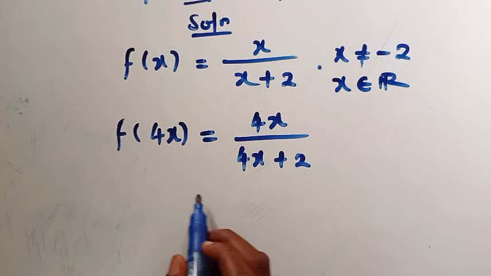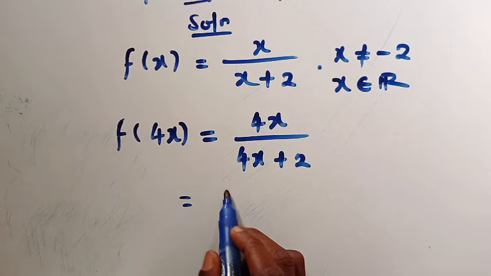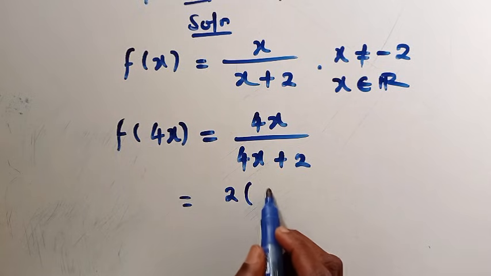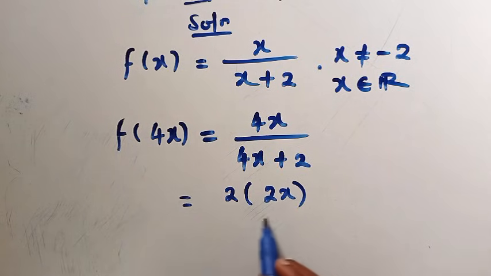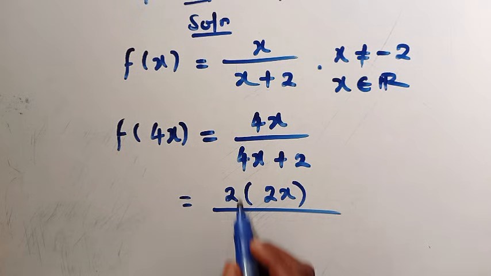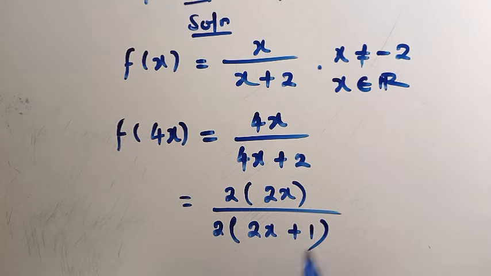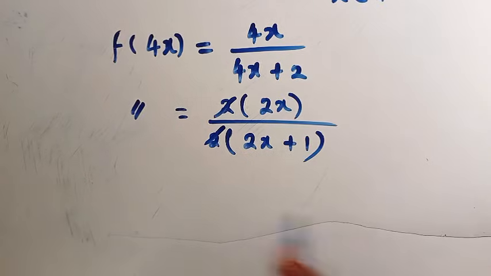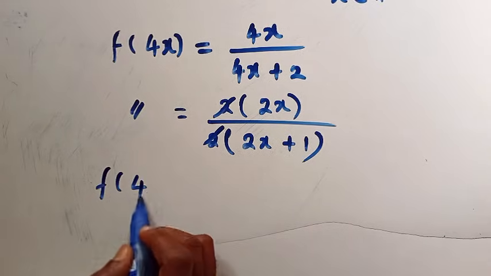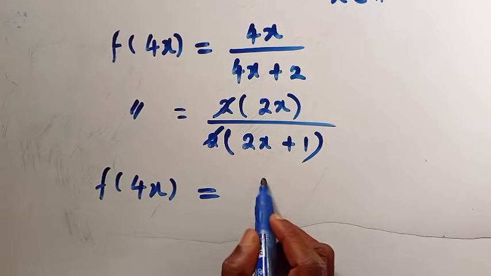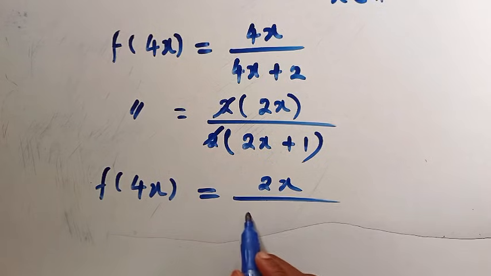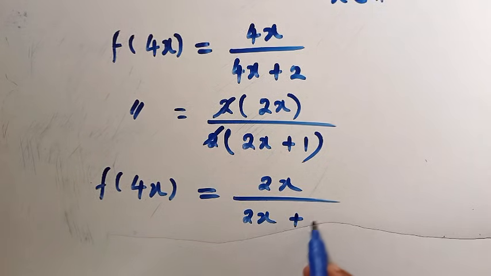By simplifying this, we factor out 2 here, so remains 2x divided by, also factoring out 2 from here, 2x plus 1. The 2 cancels 2, then we have f of 4x equals 2x divided by 2x plus 1.